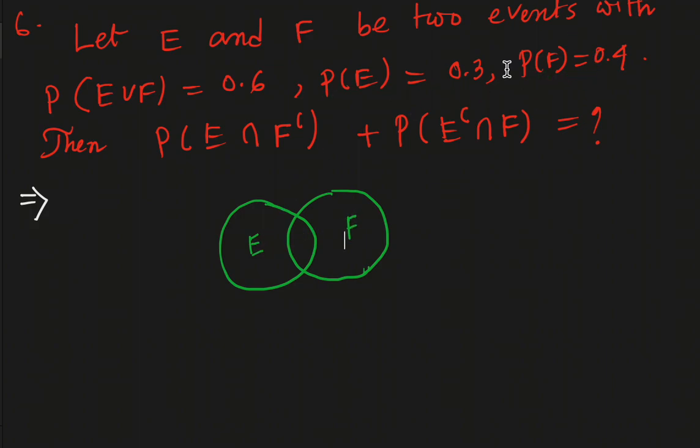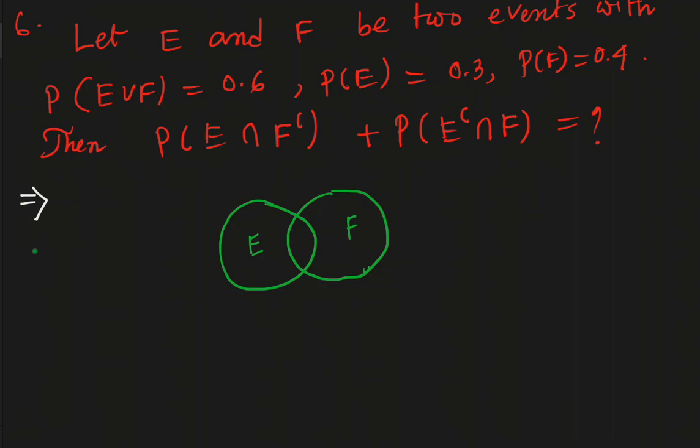Intersection means they are not disjoint, they are dependent events. There is an intersection because the union is not 0.4 plus 0.3, which is 0.7, it's 0.6.